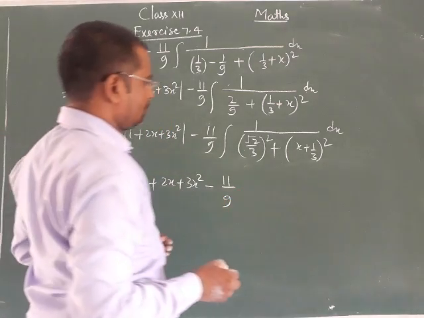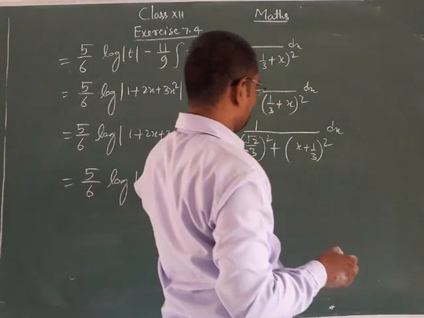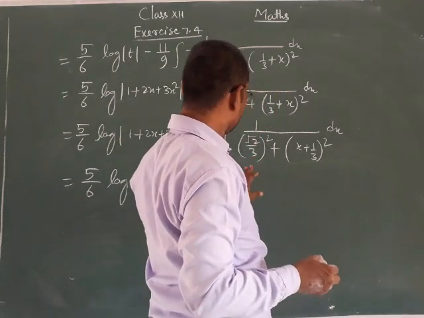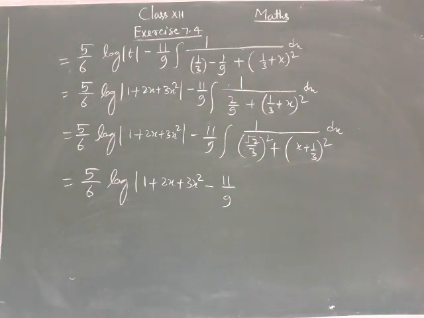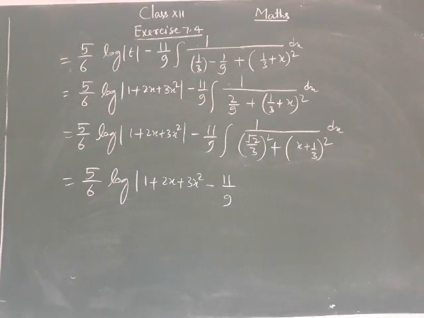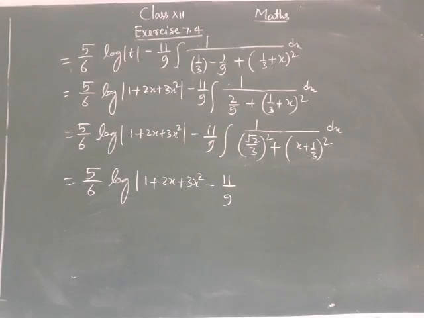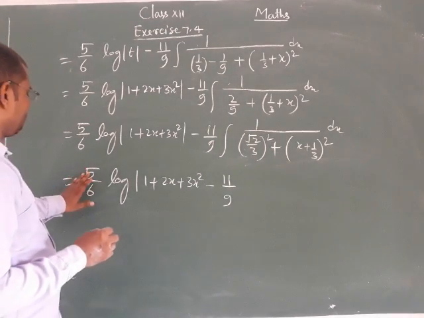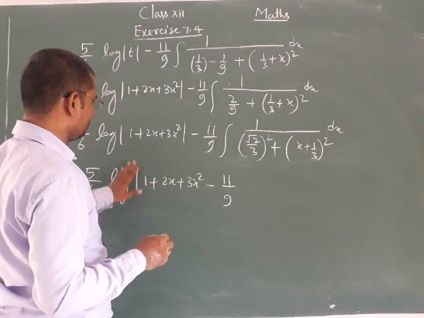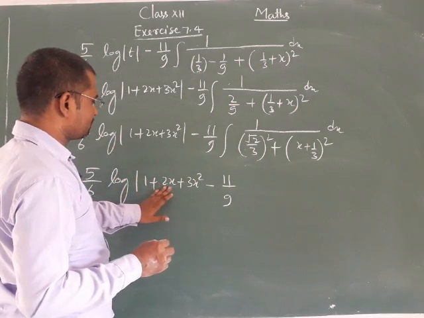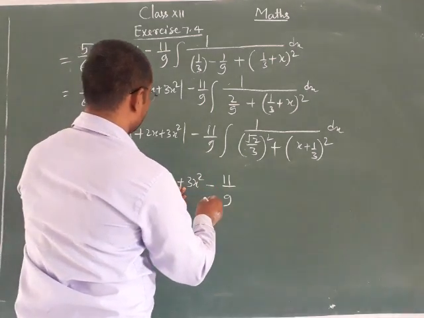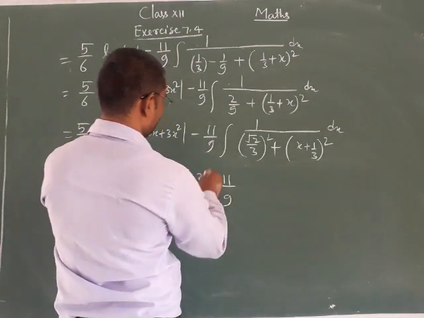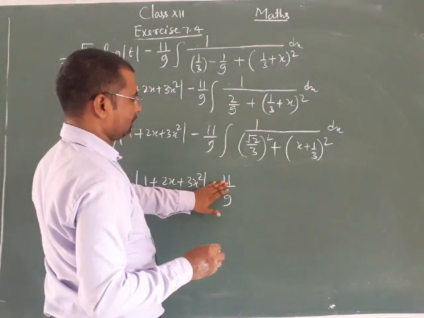Integral of 1 upon x square plus a square. 5 upon 6 log mod of 1 plus 2x plus 3x square minus 11 upon 9.